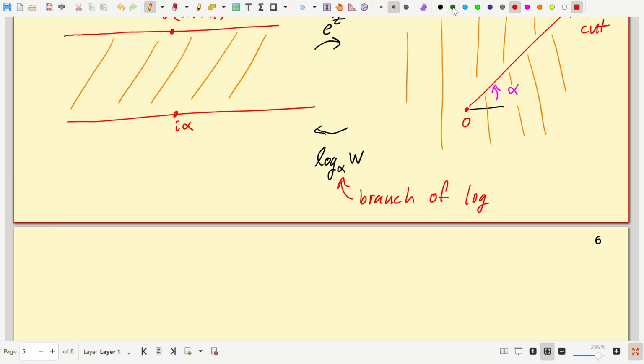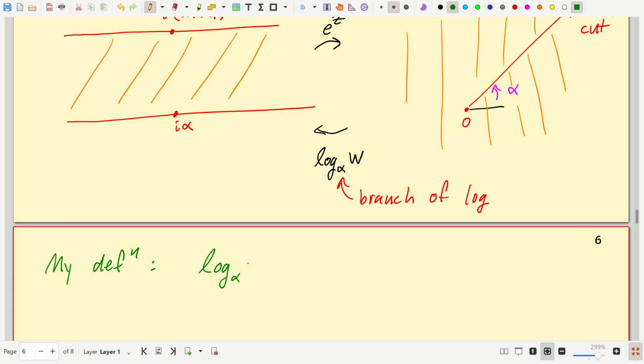And so my definition for the rest of the course is going to be log alpha of w is equal to the natural log of mod w plus i times theta, where I choose the argument.